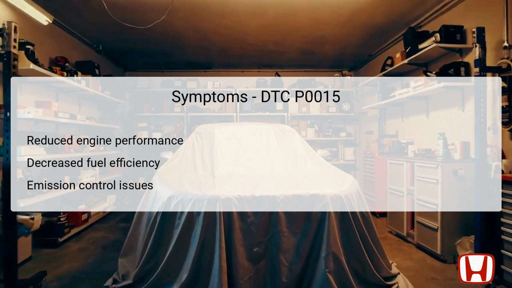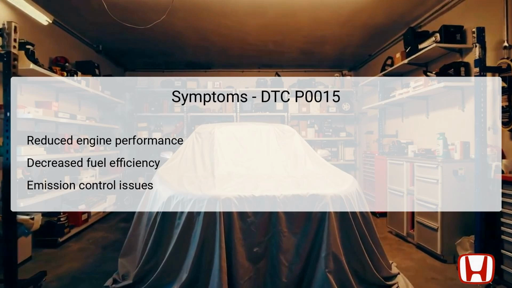When DTC P0015 is triggered, several symptoms may manifest that indicate an underlying issue within the VTC system. A primary symptom includes reduced engine performance, as the engine may struggle to optimize its power output due to improper valve timing. Drivers may notice a decrease in acceleration response and overall engine smoothness.